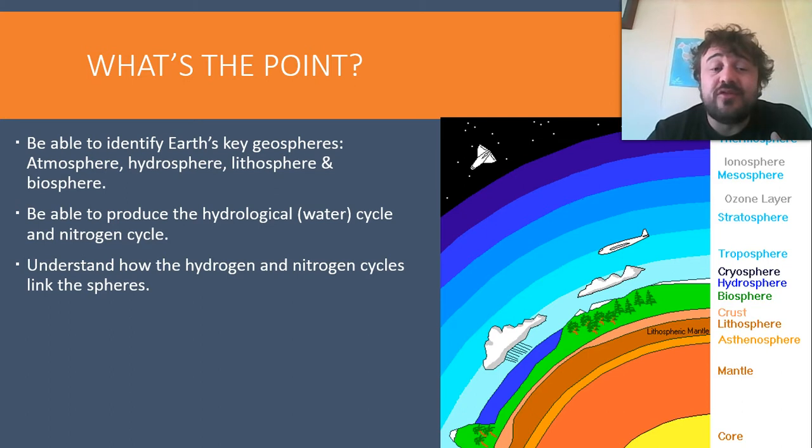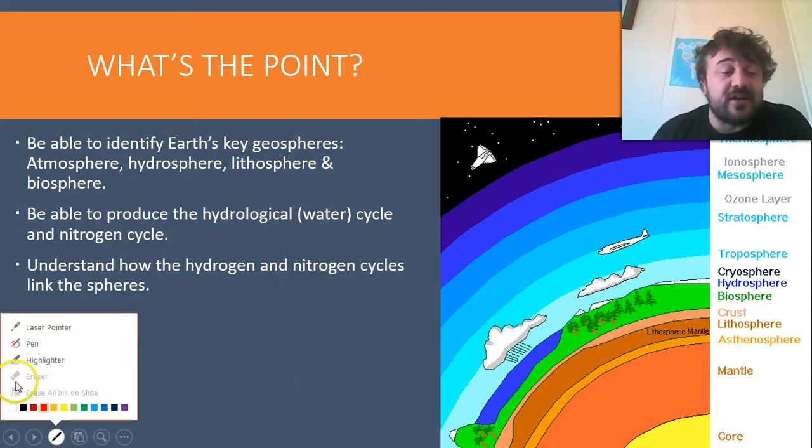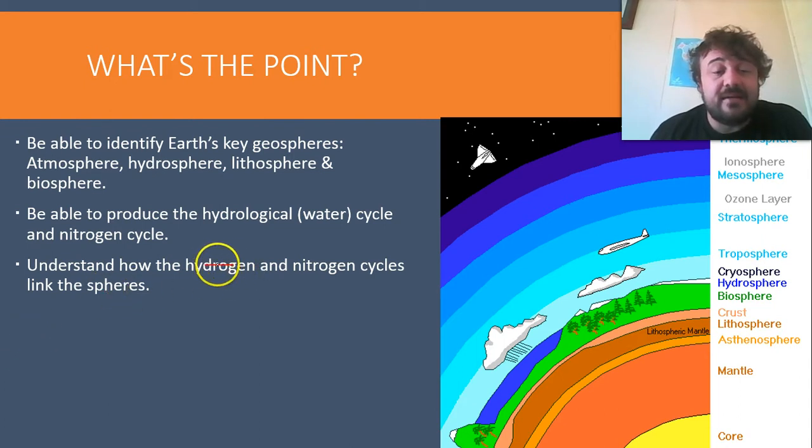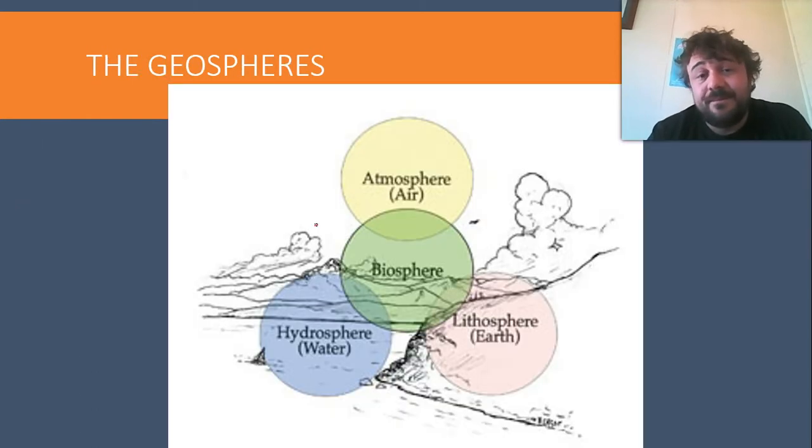You also want to be able to produce a hydrological cycle, which is a water cycle, and a nitrogen cycle. And finally you want to understand how the hydrological cycles, so not hydrogen cycles, how the water cycles and the nitrogen cycles link the different spheres together.